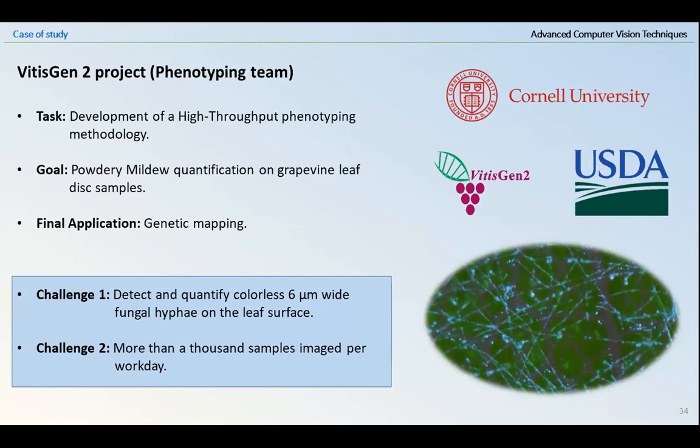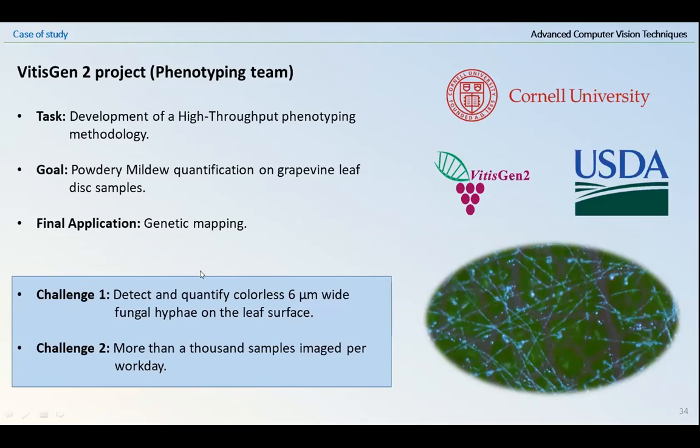We are the phenotyping team of the VitisGen 2 project, which is currently focusing on development of high throughput phenotyping systems, in which the goal is the quantification and assessment of powdery mildew infection on grapevine leaf disk samples, which the final application of this methodology is the generation of high resolution mapping for natural resistance.